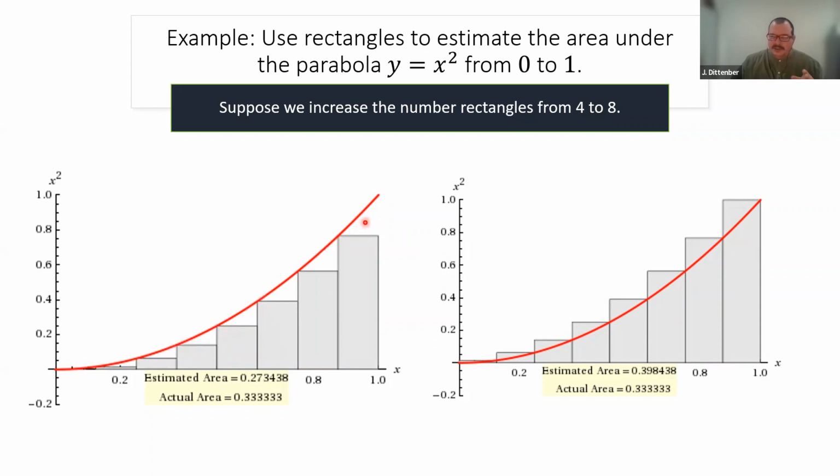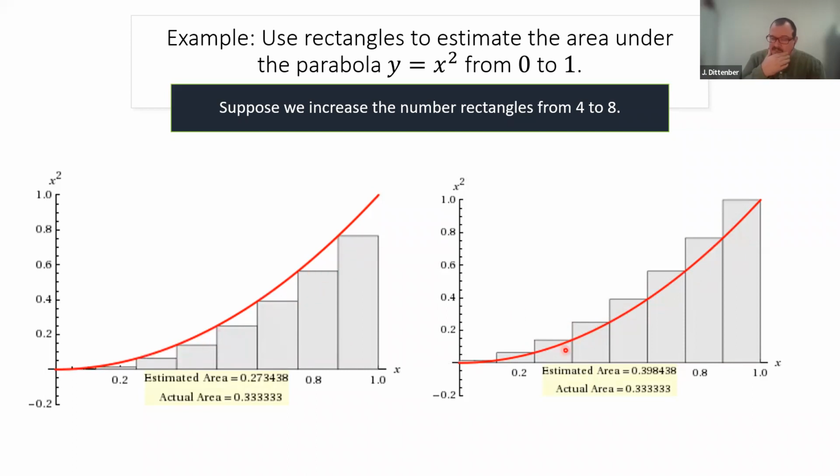And that produces an underestimation because the rectangles don't account for this amount of the area. And over here, of course, the right endpoint, because our function is increasing and concave up, the right endpoint will be an overestimate and the left endpoint is going to be an underestimate.